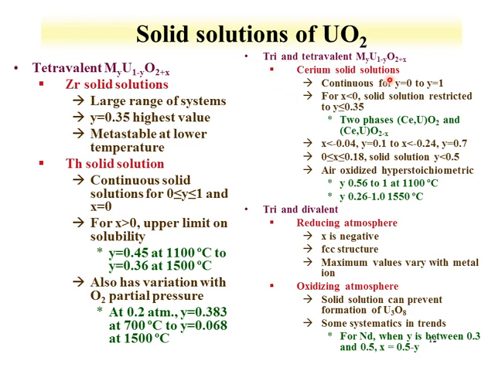For some tri- and tetravalent solid solutions, cerium-4 is continuous over the entire range, whereas cerium-3 has variations. And the tri- and divalent solid solutions really depend upon whether you're in a reducing or an oxidizing environment.